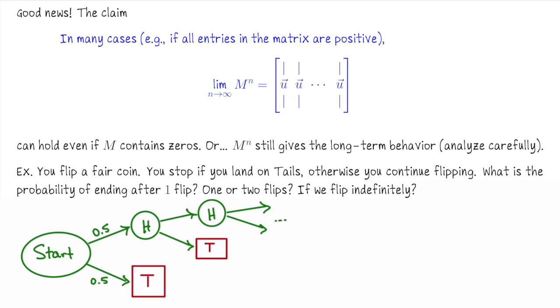So I'm going to realize that this tails box here, maybe I don't need it because I have a tails box here. And that's like the state of having just flipped tails. So perhaps instead of having this heads go to a brand new box tails, I could draw it down here, at which point we're done with our flipping. From heads to heads, well, we would then flip again so we could keep going heads to heads to heads. Why not just have heads double back on itself?